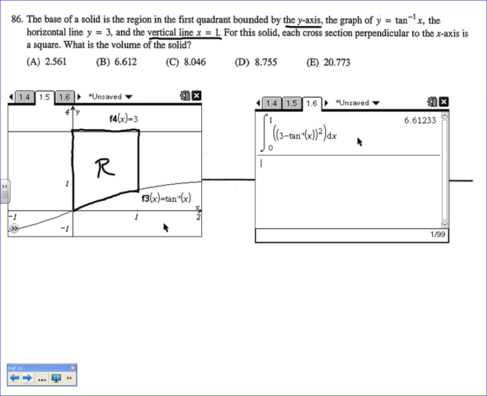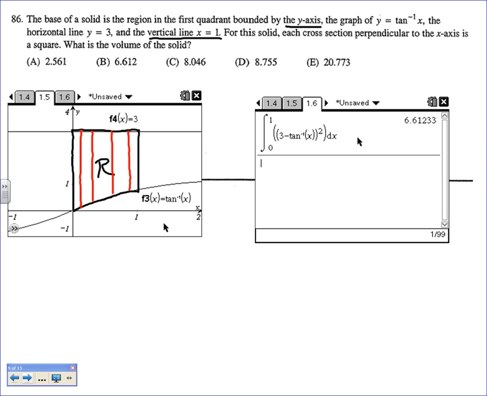Now, within our region, we've got cross sections perpendicular to the x-axis that are squares. Each one of these vertical distances is a side of a square, and they're getting smaller as we go.